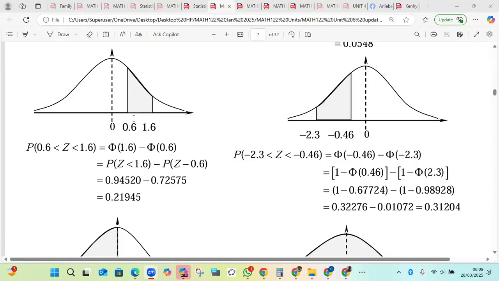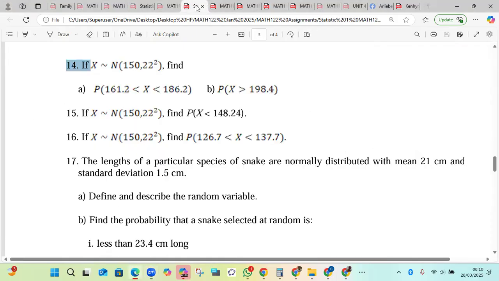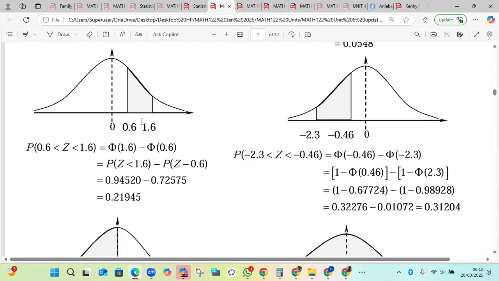After we standardize twice, both for 161 and 186, we are going to get two positive z's, because 161 minus 150 is a positive number, and 186 minus 150 is another positive number. So both of these will be to the right of 150, positive z's.